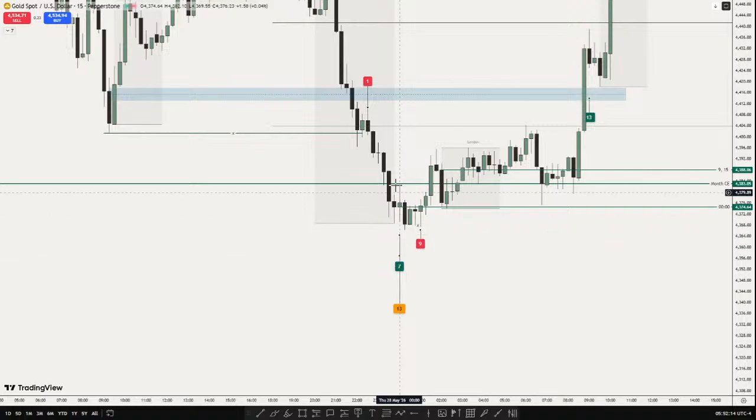Midnight open started here. I was observing the behavior of price around midnight open, how it moves below and above the midnight open, because above midnight open are premium prices and below are discount prices.